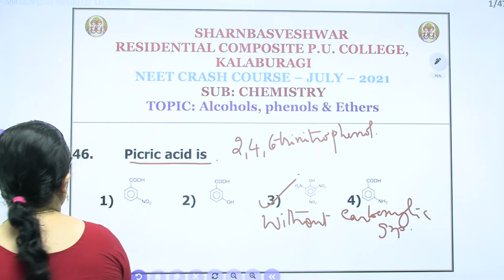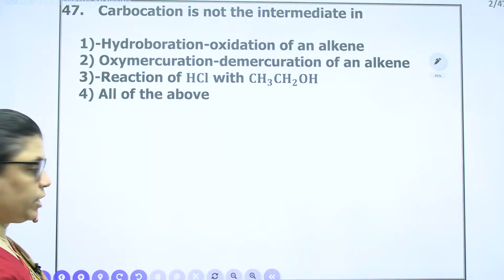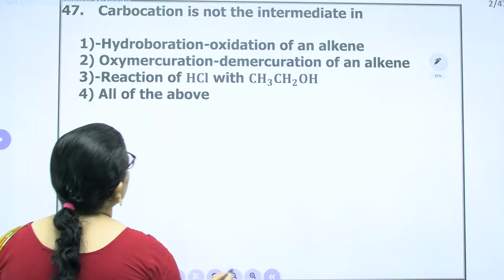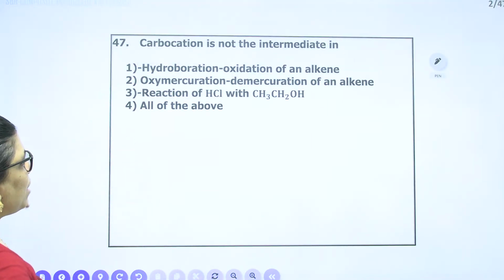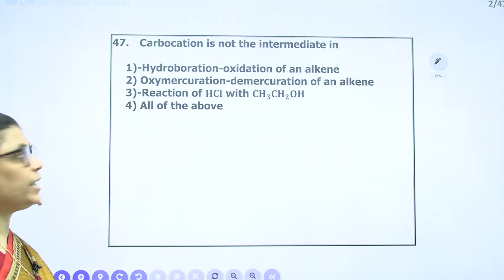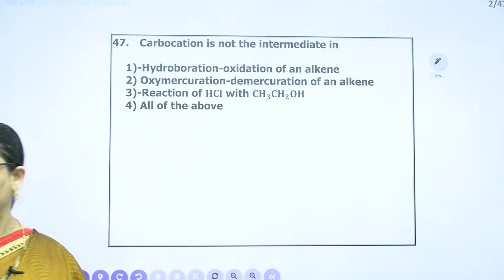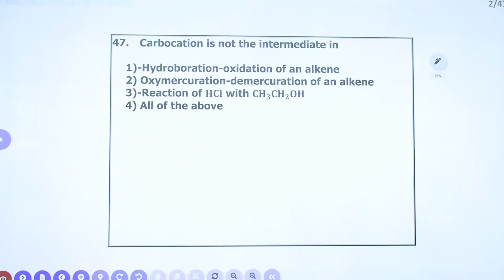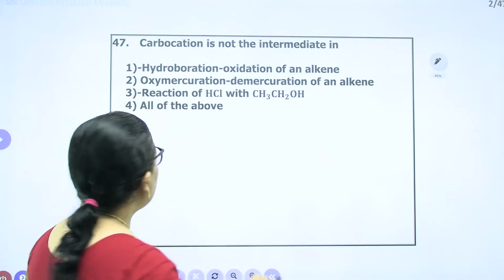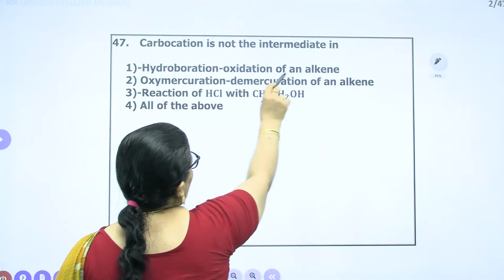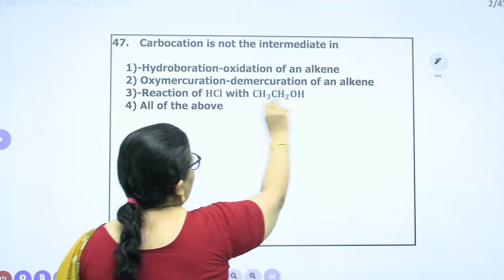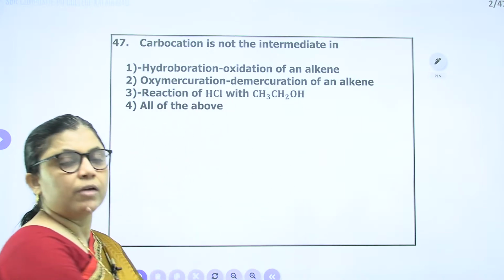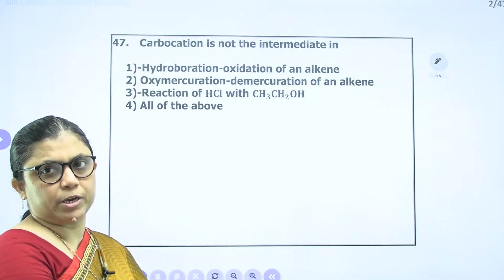Okay, next. Question number 47. Carbocation is not the intermediate. Remember here, in the case of hydroboration oxidation, oxymercuration and demercuration, we are going to get oxonium ion.